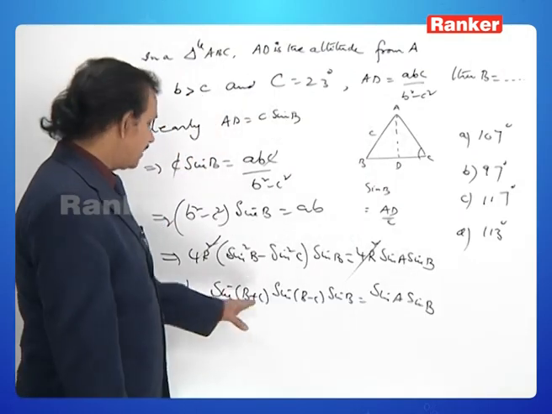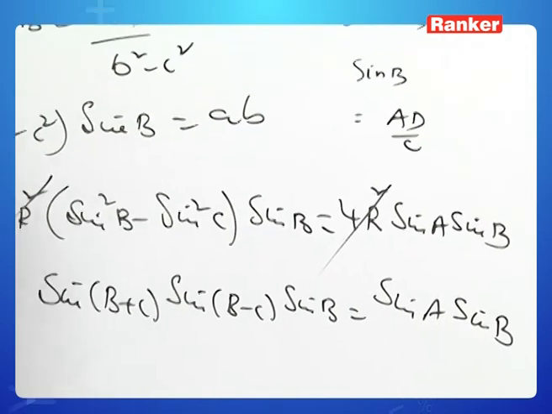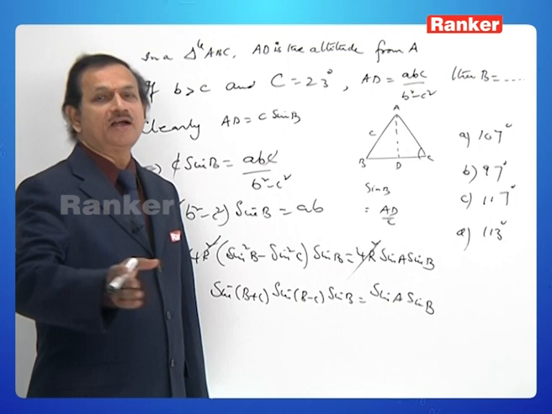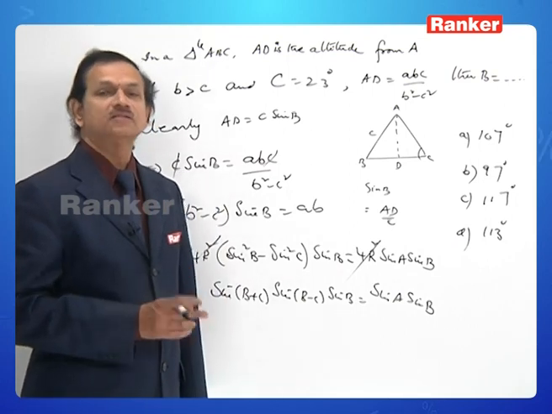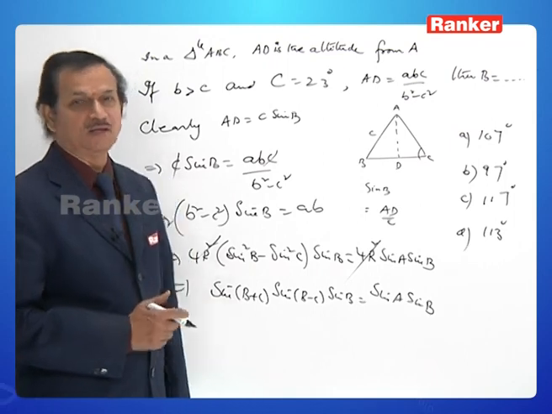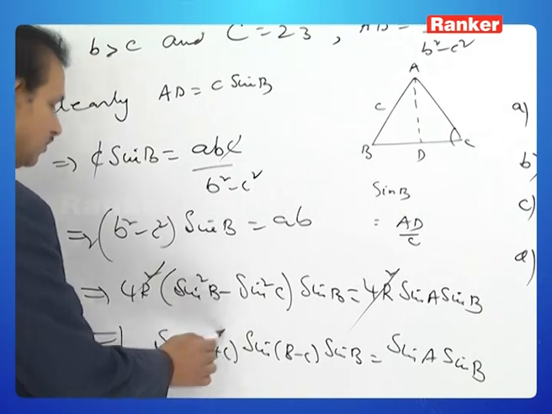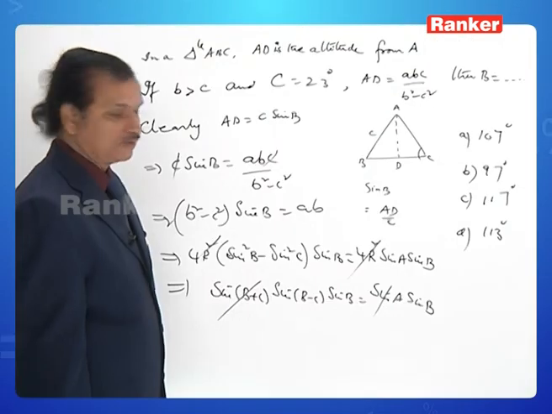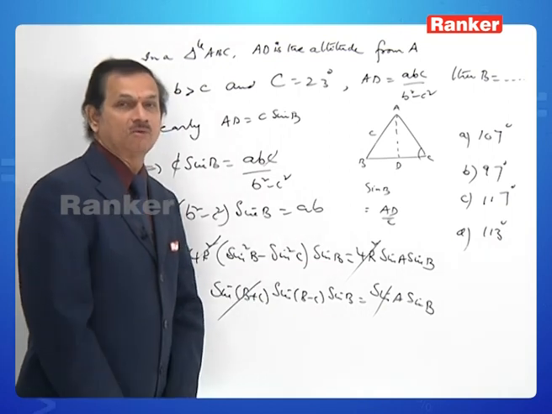Well, my dear, A plus B plus C is equal to 180, you know. Yes, of course. So A and B plus C are supplementary. If alpha and beta are supplementary, that is alpha plus beta is equal to 180 degrees, then sin alpha is equal to sin beta. Therefore, in the place of sin of B plus C, you can have sin A. So sin of B plus C and sin A could be cancelled. Not only that, sin B also goes away.